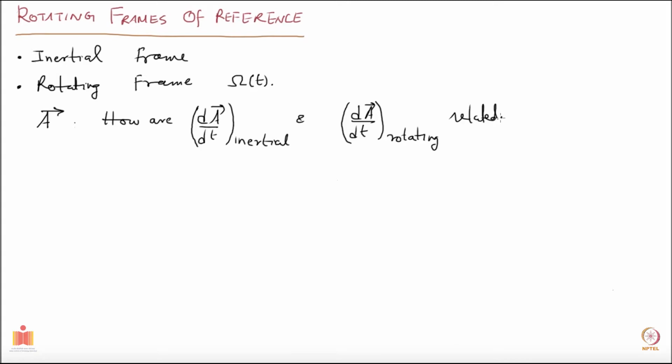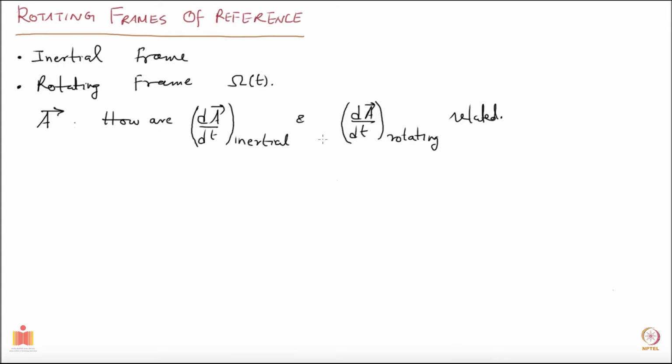So you can think of some vector which, as viewed from the inertial frame, is moving together with the rotating frame. If it helps to visualize, you can imagine a rigid body where body coordinates have been fixed in it. The body is rotating, and you are looking at some point P in the rigid body, and its position is not changing with time if you are looking from the body coordinates. So that's the kind of thing I'm imagining.